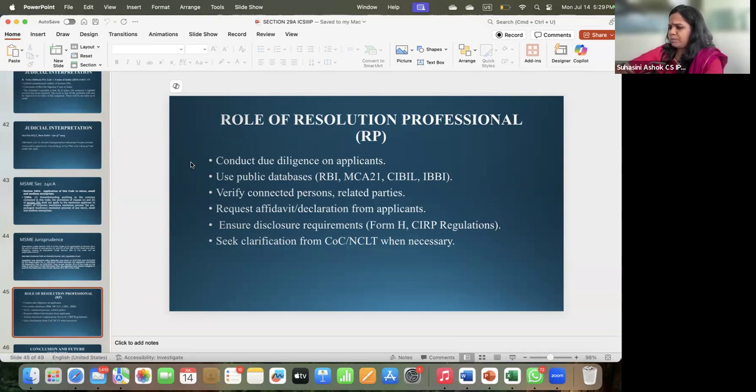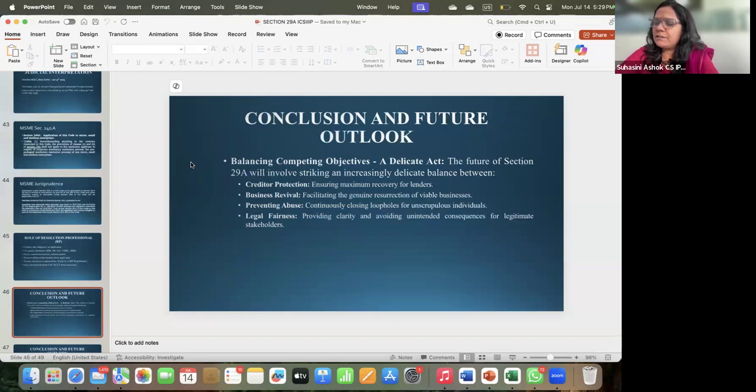So when you see the conclusion and future outlook of this, it has to be balanced, given competing objectives like creditor protection. Mainly the balance between creditor protection, ensuring maximum recovery for lenders. When a person comes through Section 29A, they try to get a clean slate without much recovery to creditors.